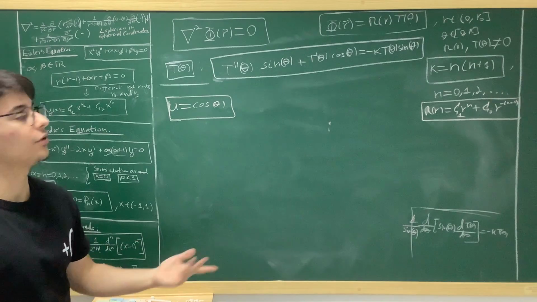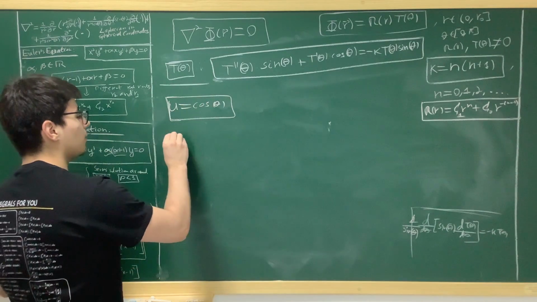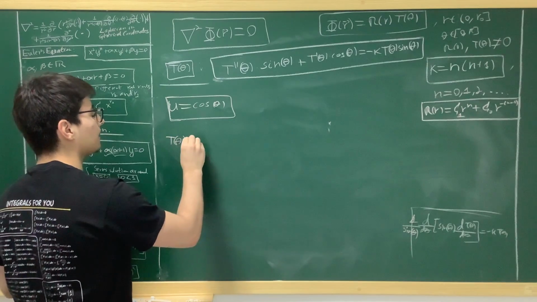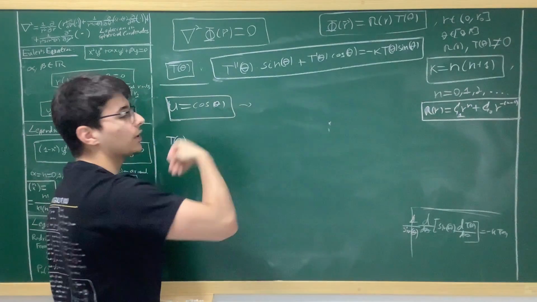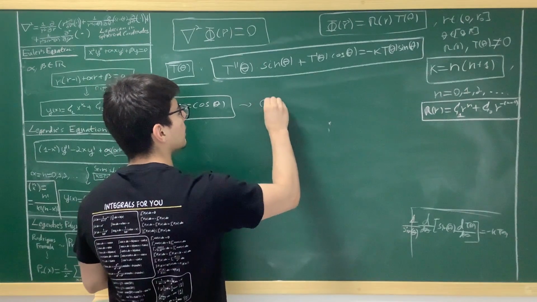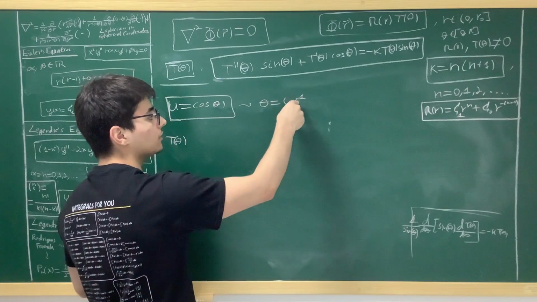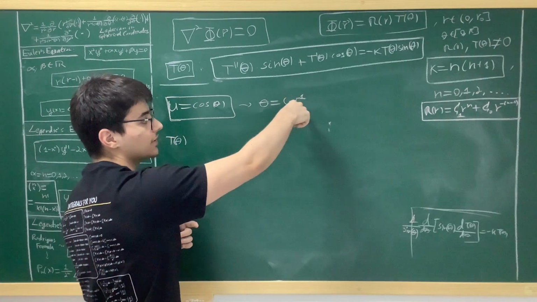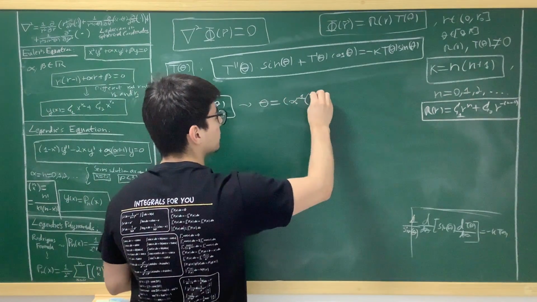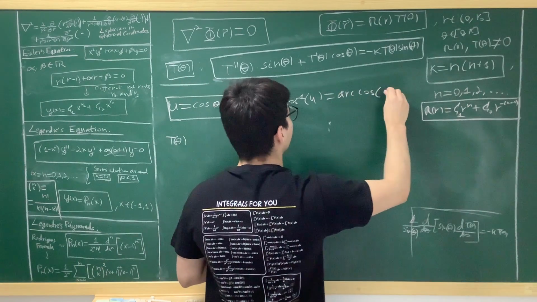Well, how do we keep on going? We have that our original function was T of theta. Isolating theta here, and assuming that we can take the arc cosine and everything, theta is just the arc cosine, and I'm using this notation. This is not 1 over cosine, this is just arc cosine, just to avoid confusion, arc cosine of u.